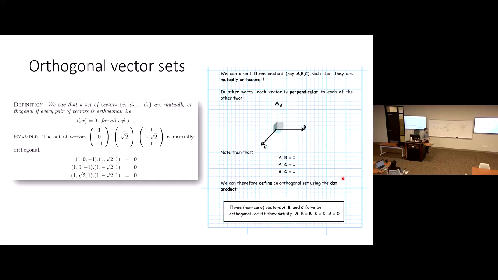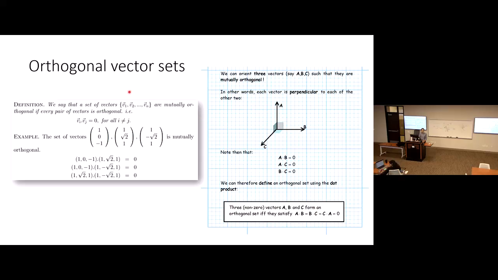For an orthogonal vector set, I have 0, 1 and 1, 0 in there, and then you expand it to 3D. For example, this set you can use as a 3D coordinate system, and it guarantees each pair is orthogonal to each other, okay?